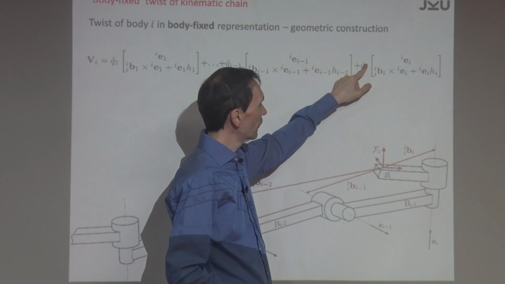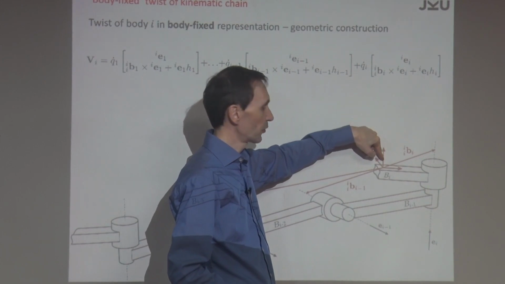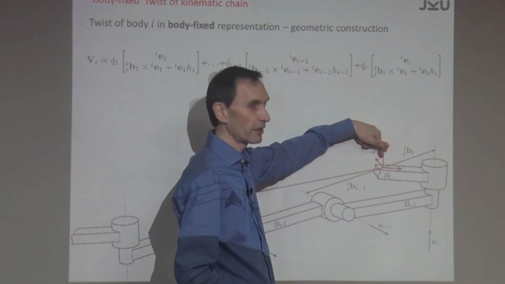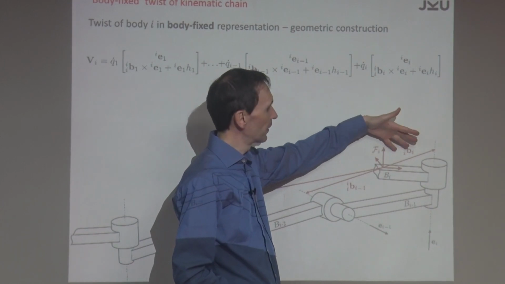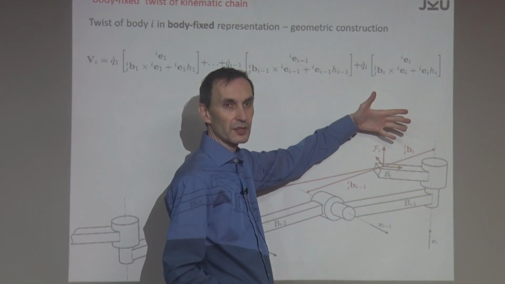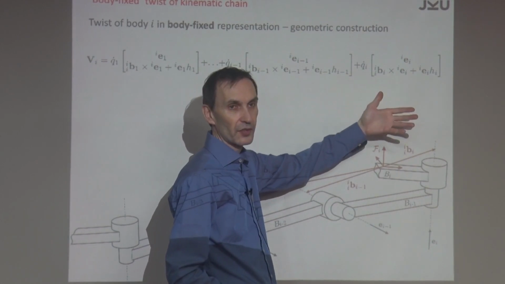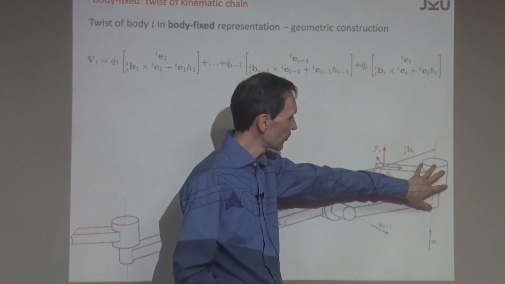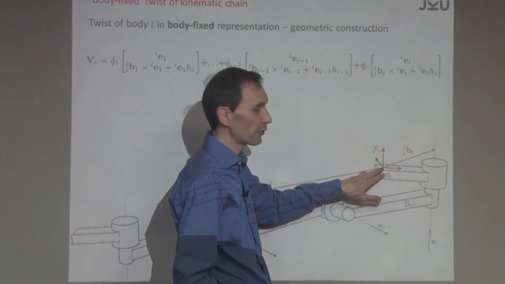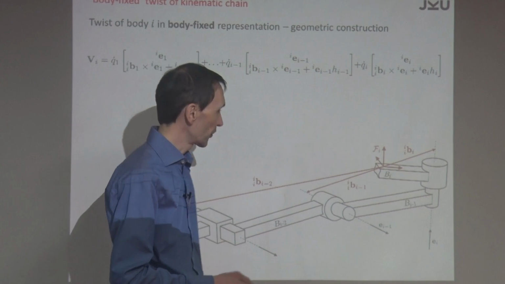What can we say about the screw coordinate of joint I expressed in body I? Does it change or does it not change? It's constant, because this joint does not move relative to this frame, because it's just the one with which the body is connected.